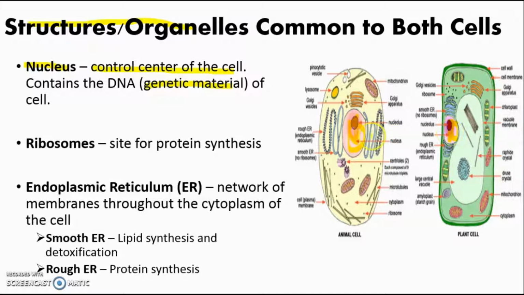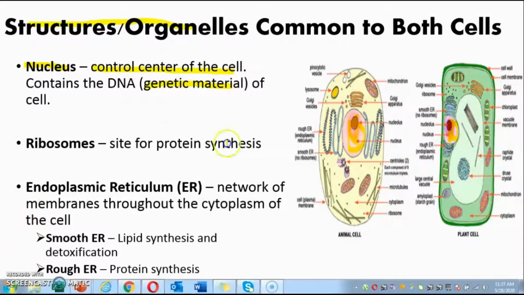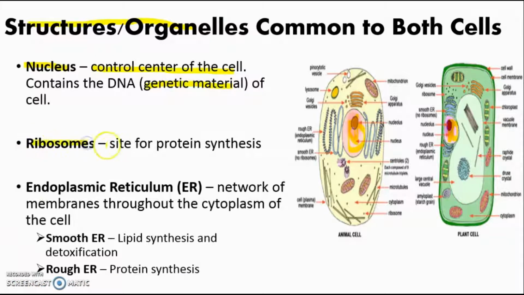So the function again of the nucleus is that all the processes and cellular activities of the cell are controlled by the nucleus. Next are the ribosomes. Ribosomes are the site for protein synthesis. Proteins, which are very important macromolecules, are manufactured in these ribosomes.